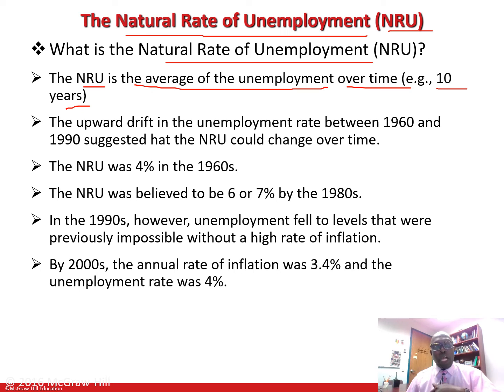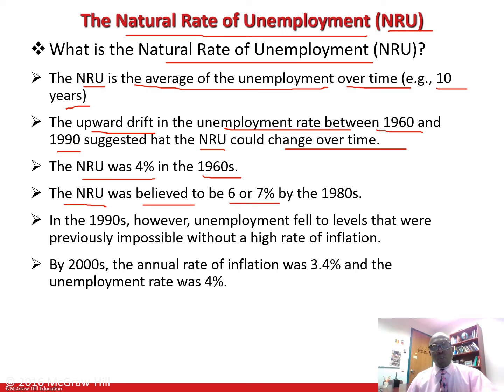The upward drift in the unemployment rate between 1960 and 1990 suggested that the NRU could change over time. For instance, the NRU, the natural rate of unemployment, was 4% in the 60s, but the NRU was believed to be 6 or 7% in the 1980s.